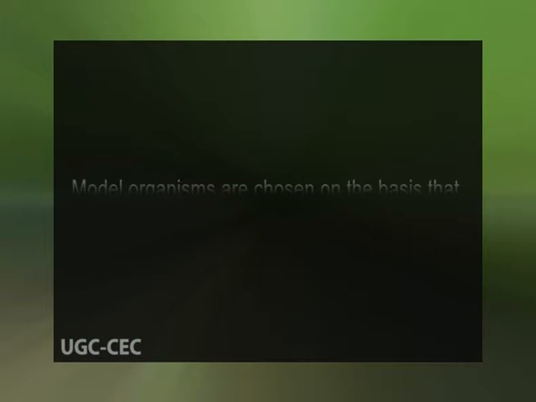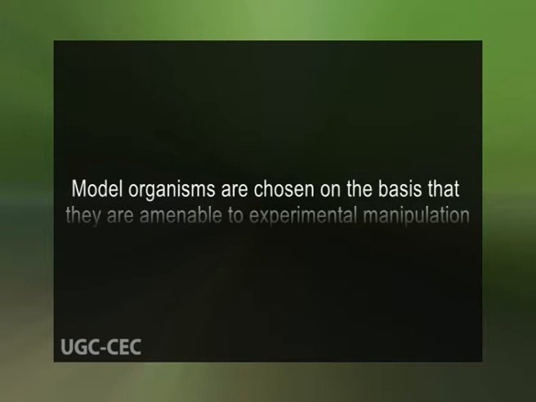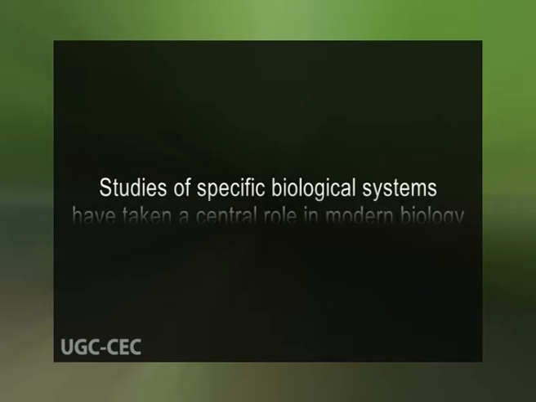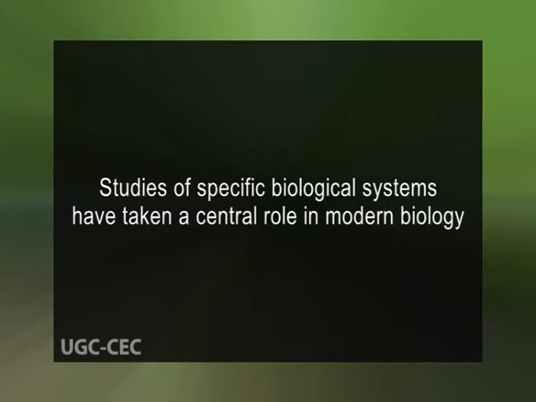Often, model organisms are chosen on the basis that they are amenable to experimental manipulations. Although many earlier approaches to biology emphasized taxonomy and the diversity of species, studies of specific biological systems have taken a central role in modern biology.